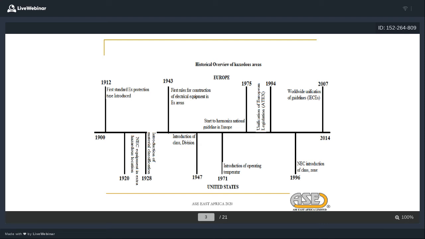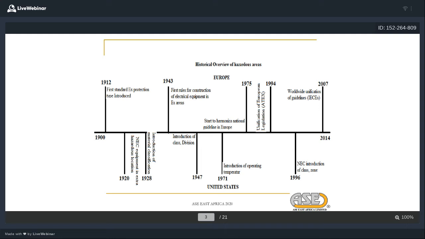In 1912, the first standard explosion protection types was introduced. And coming to 1920, the National Electrical Code implemented equipment in extra hazardous locations.